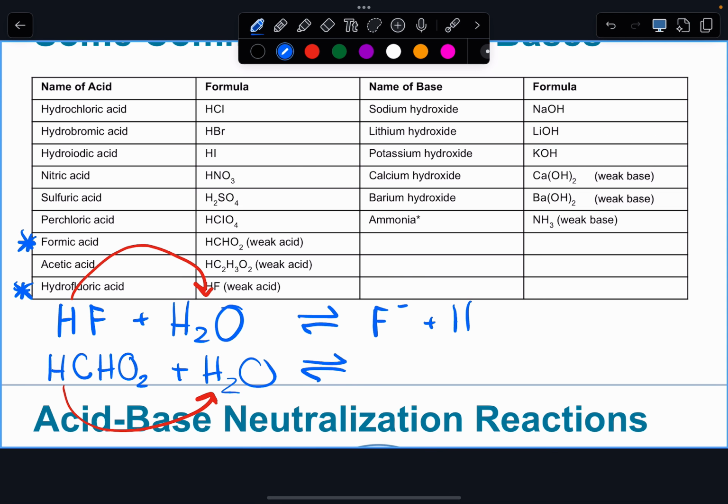Probably the biggest mistake people make with this is the charge. You have to recognize that the thing you're leaving behind kept the electron from the hydrogen. And then because the hydrogen is going to neutral water without its electron, it causes a positive charge.